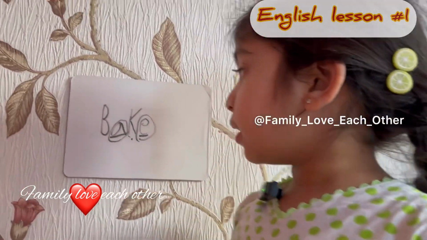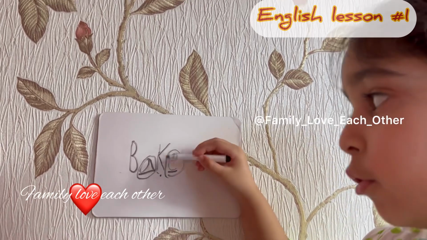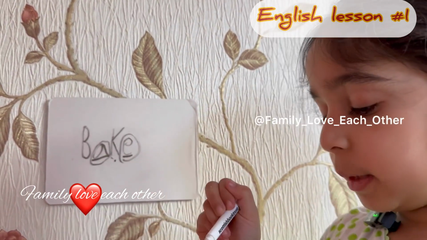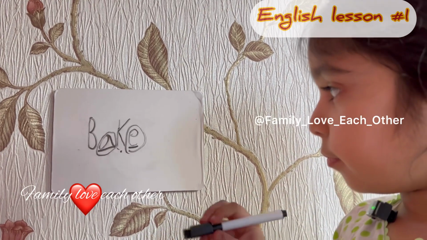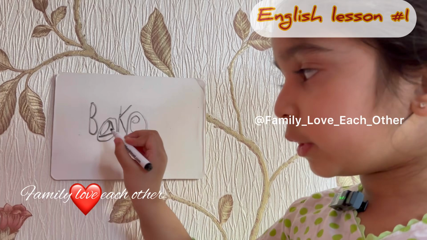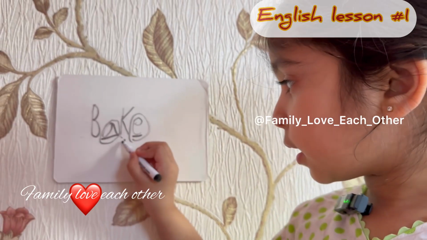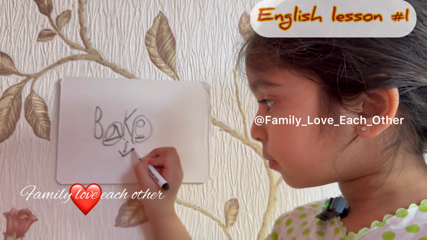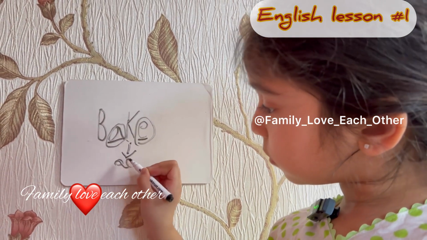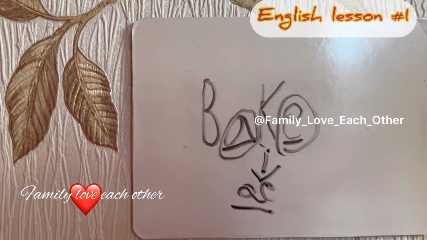But if we don't need a K, so the E comes. The E was a magic E. So, see these two letters, it makes A.